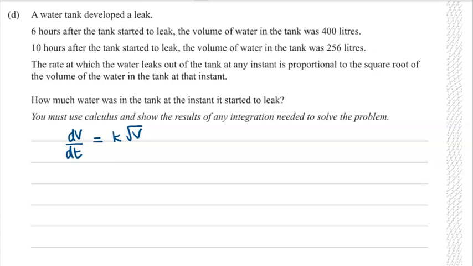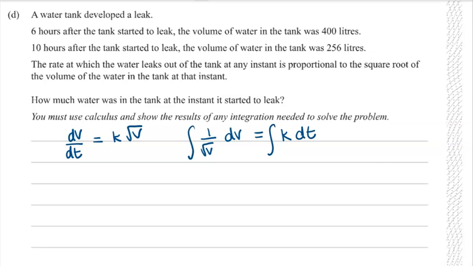So we have some mixed in variables there of volume and time. We want to separate the variables. So bring the v over to the left, and we will get 1 over the square root of v. Leave v there, and then the k, we bring the dt up to the right hand side, and we're going to integrate both sides.